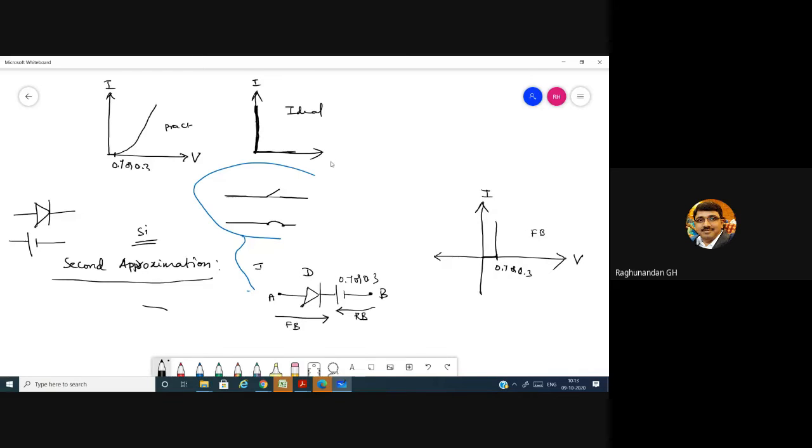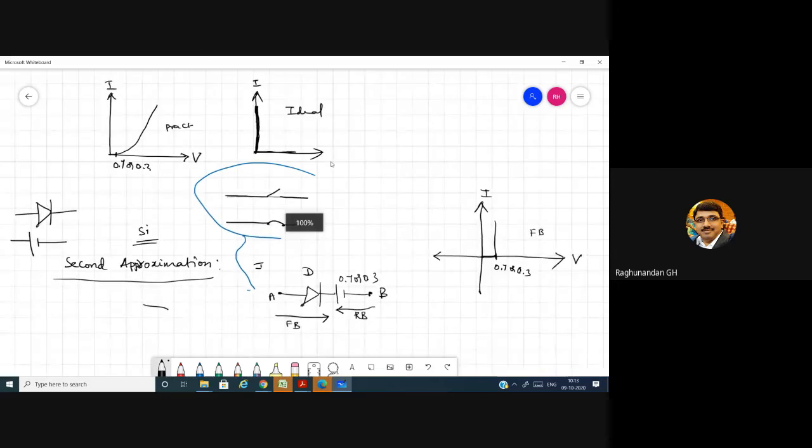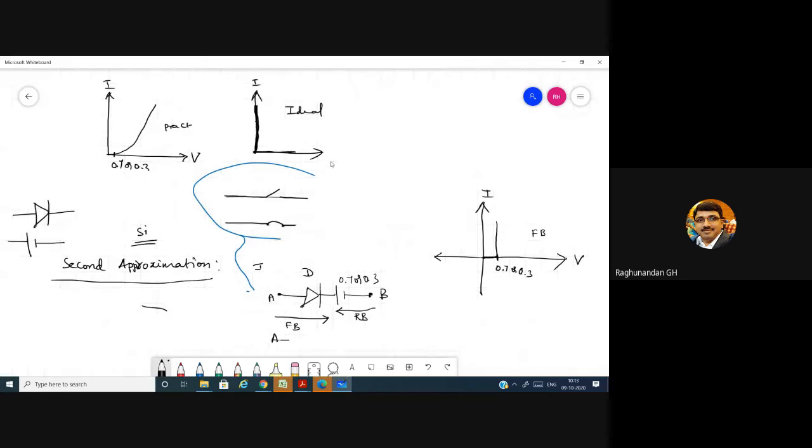During that time, is it possible to flow from this terminal to this terminal? Is it possible from A to B?